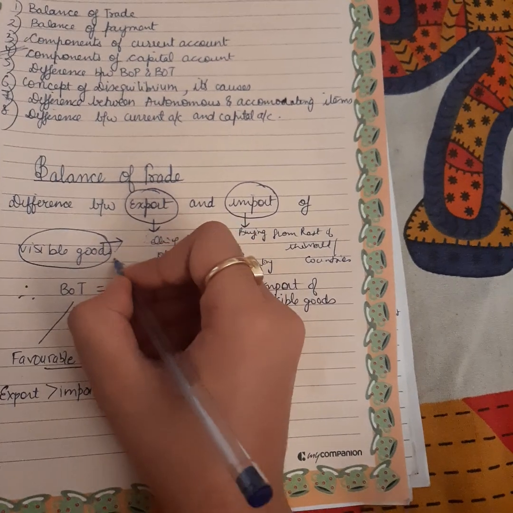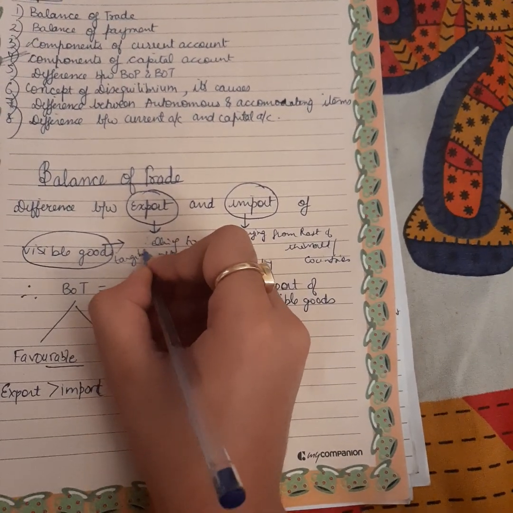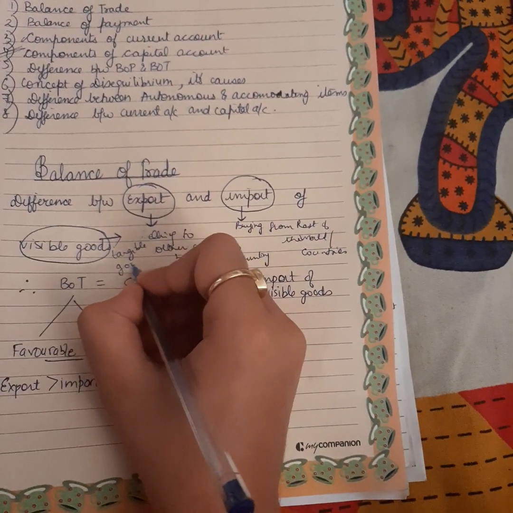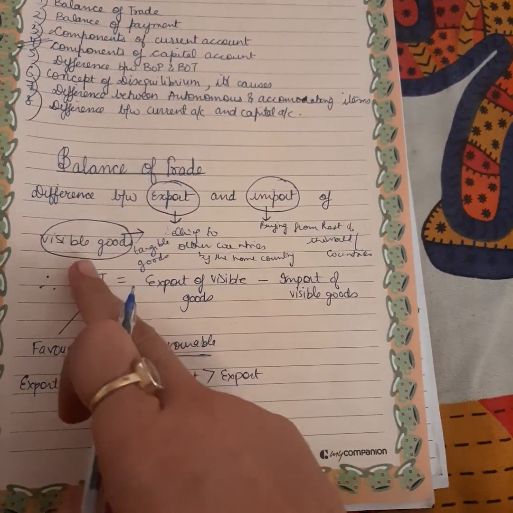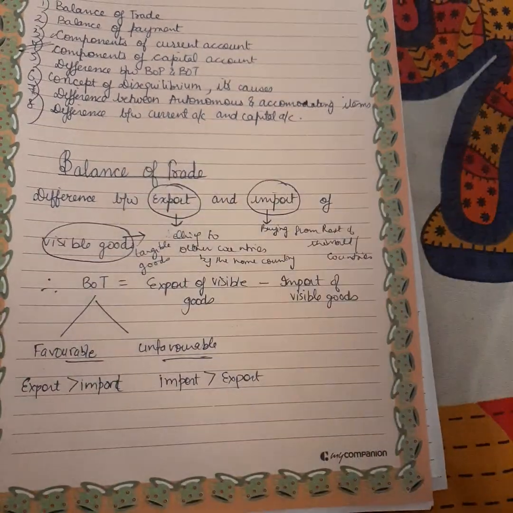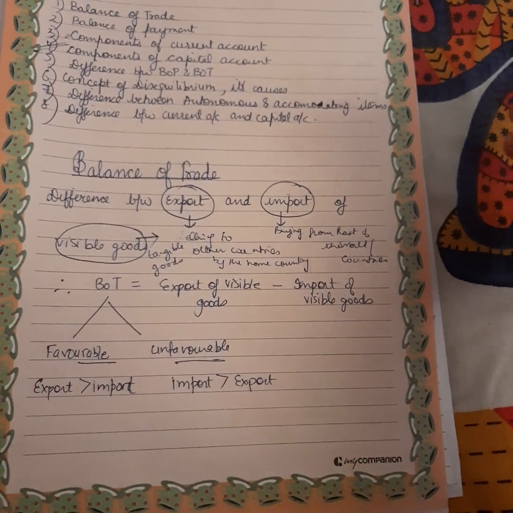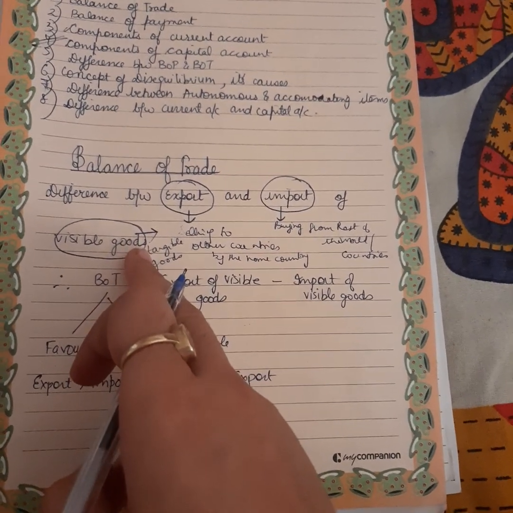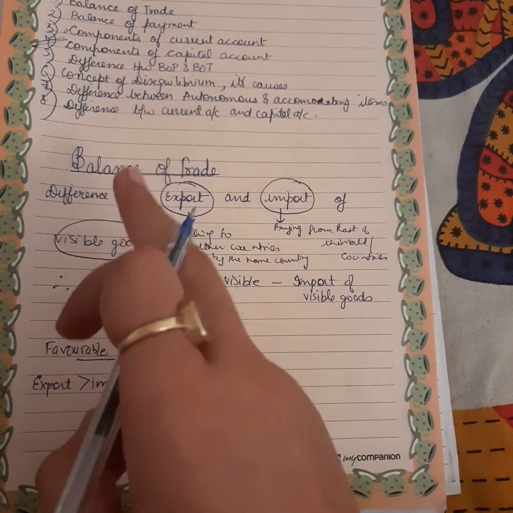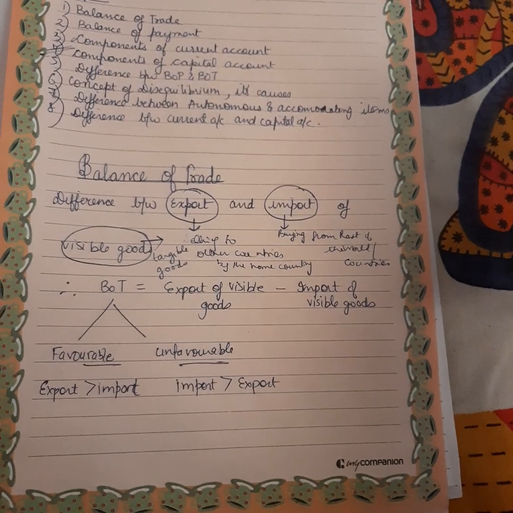Visible goods means the tangible goods. Okay, it means tangible goods which can be seen, which can be touched, which can be seen crossing the boundary of the country. That's why they are known as visible goods. Services are not covered in this because services are not seen crossing the border of any country.